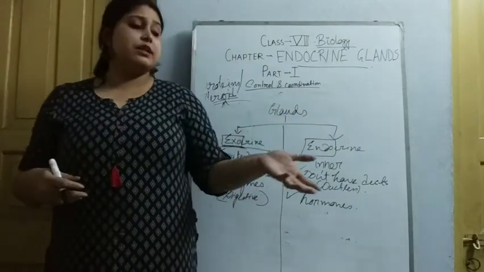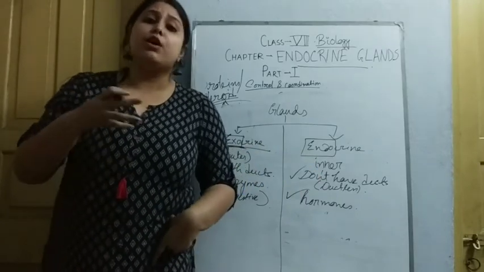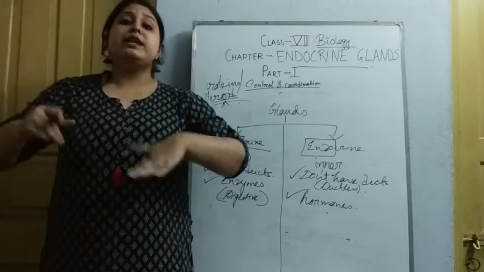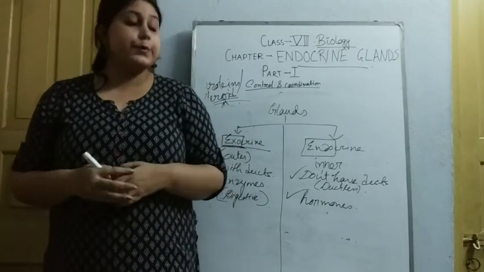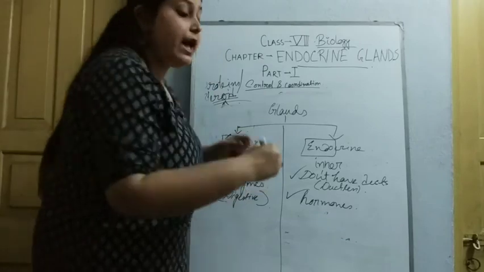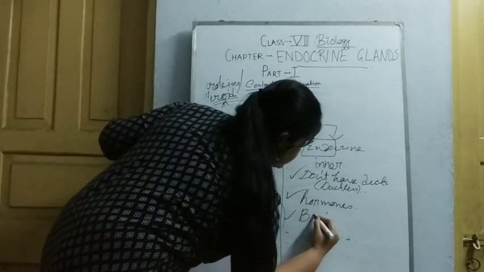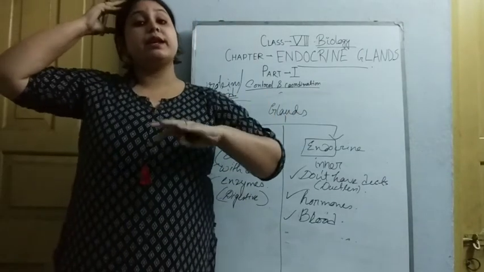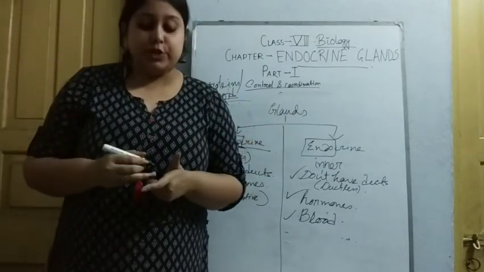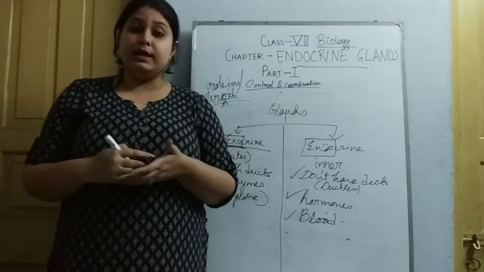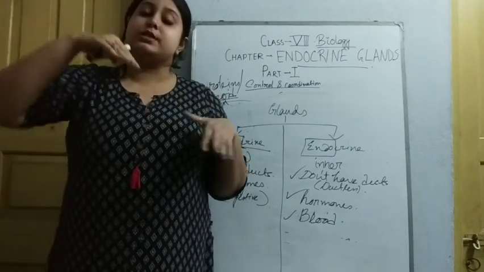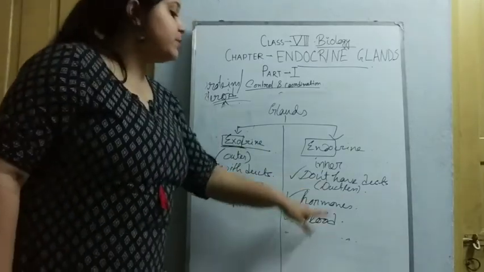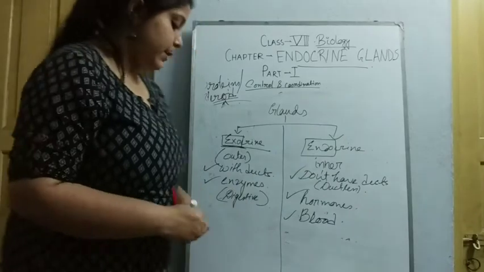The target cell can be here and the hormone-secreting gland can be there. So a transmission procedure is needed, and blood acts as the transmission medium. The hormone produced in the endocrine gland mixes up with the blood, and the blood transmits it to the target cell and it acts there.